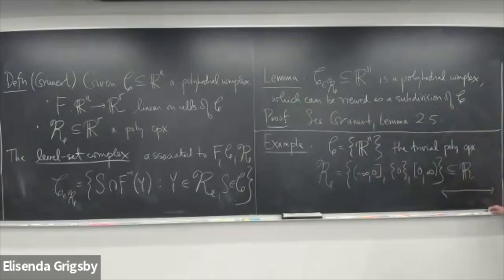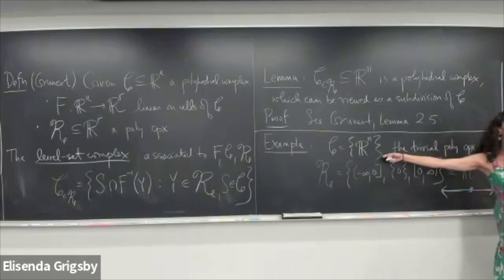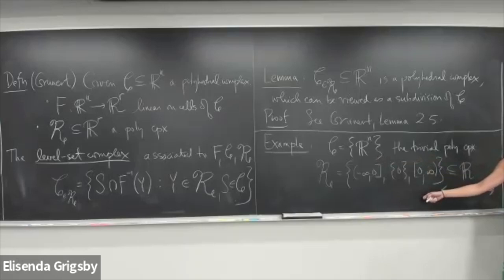It's got three cells. Two 1-cells, so these are closed, just the closed intervals from 0 to infinity and from negative infinity to 0. And then you have a third cell, which is just that 0 cell. Okay. Very simple polyhedral complex sitting inside of R. And now suppose you take any affine linear map from R^n to R, then you get a level set complex in R^n.